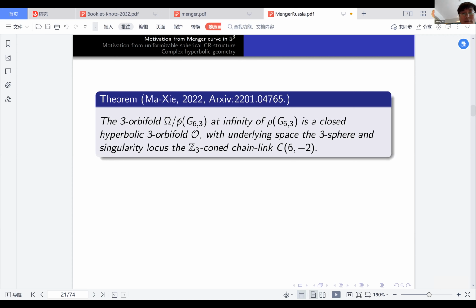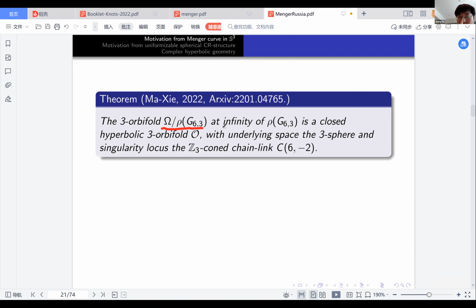The 3-orbifold at the infinity of the representation rho G3 6 is a closed hyperbolic 3-orbifold O. Since it is a 3-orbifold, it has an underlying space, which is the 3-sphere, and it also has a singularity locus.